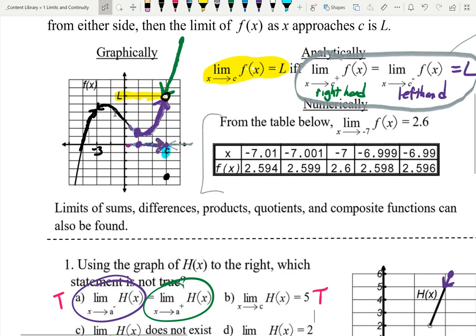And you'll see that not only am I going to the same place, but that place can actually be found by just substituting in the value -3. Now the limit doesn't depend on what's happening at the x value, but in a nice function, the limit will be what's happening at the x value.